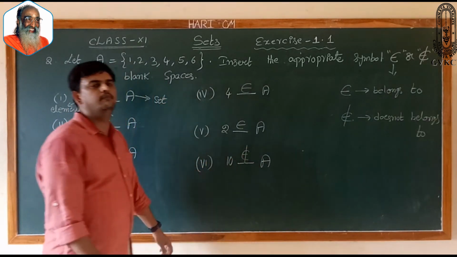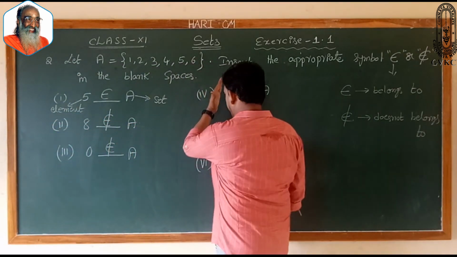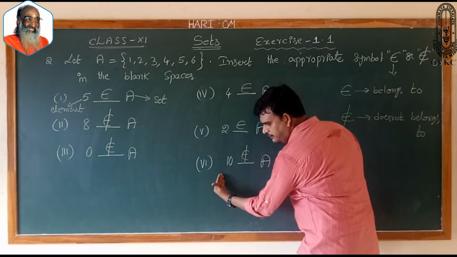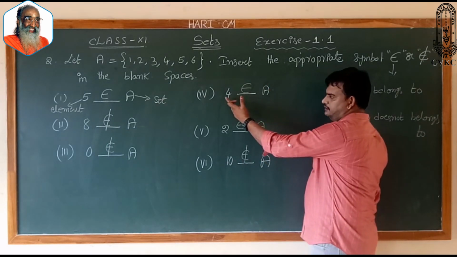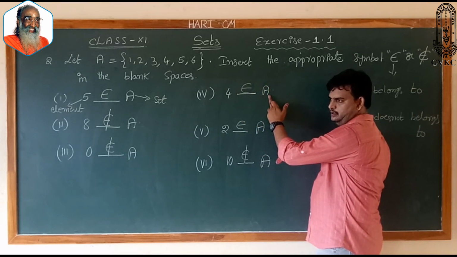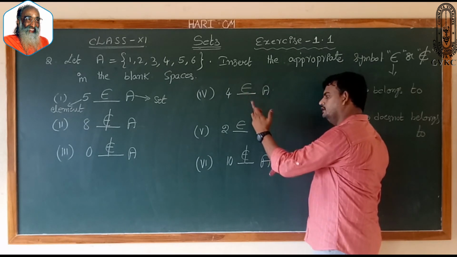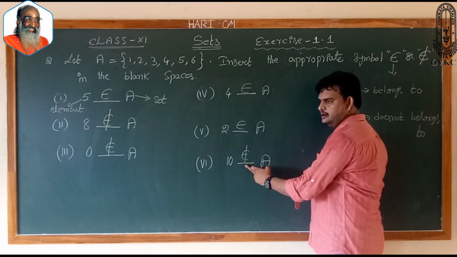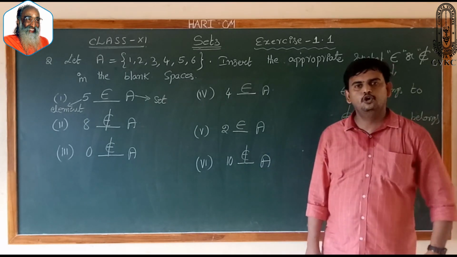Does not belong to. On the left hand side we have all elements, on the right hand side we have all sets. Whether the element 4 is in set A or not, if it is there, we write belongs to. If it is not there, we write does not belong to. This is our problem number 2.